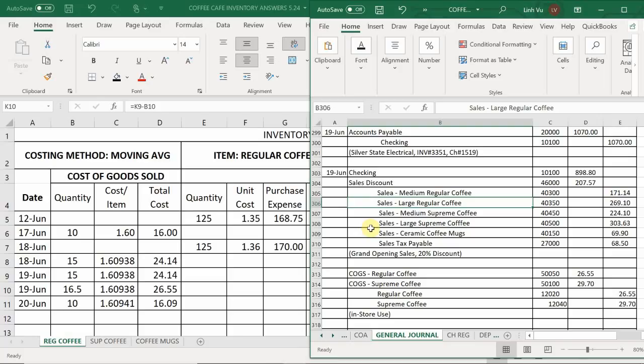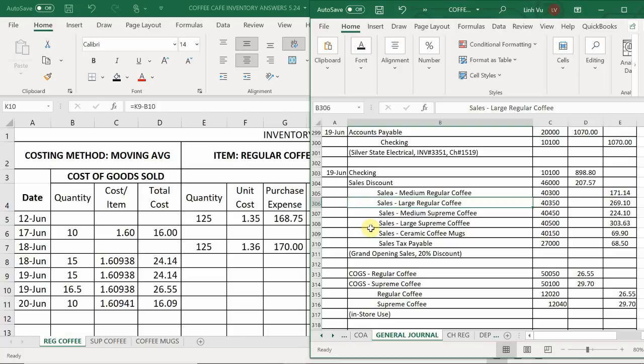We spent the time to calculate how much it cost me to sell those items. What's the point of me doing this? I need to update my inventory, right? I have to journalize that I calculated the cost of goods sold and I need to take it out from my inventory.